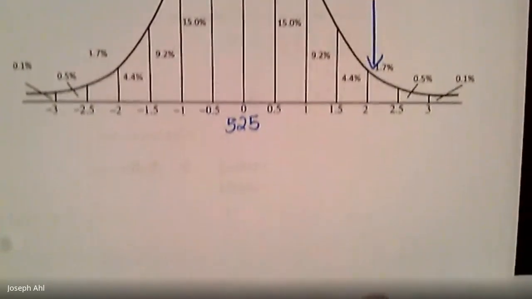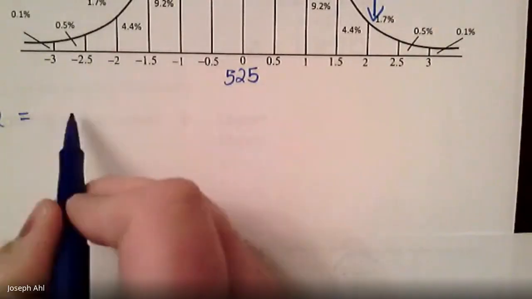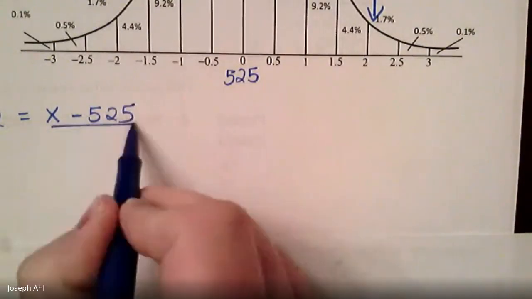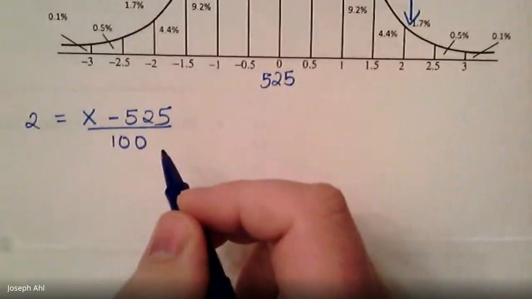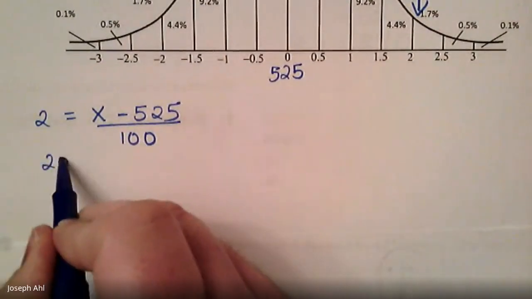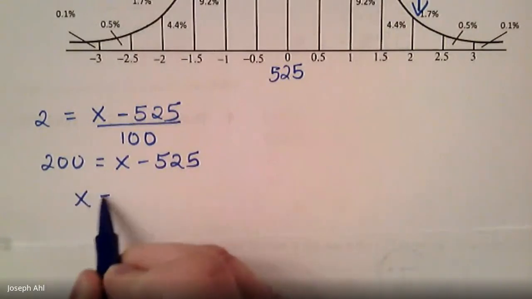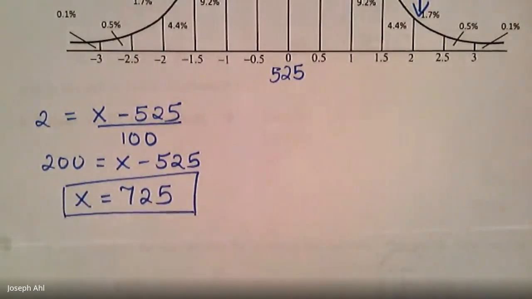So in this scenario, the z-score of 2 would equal the observed, which is what I'm looking for, minus the mean of 525 over the standard deviation of 100. Okay, so go ahead and multiply both sides by 100 to get 200 equals x minus 525. And if you add that over, your score should be a 725.